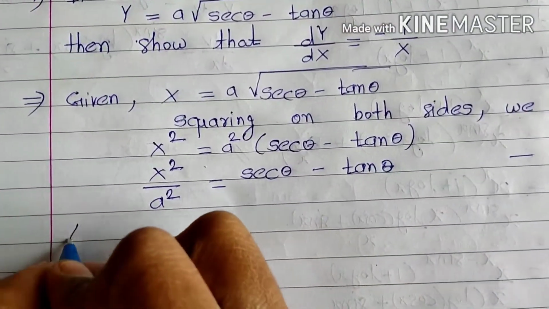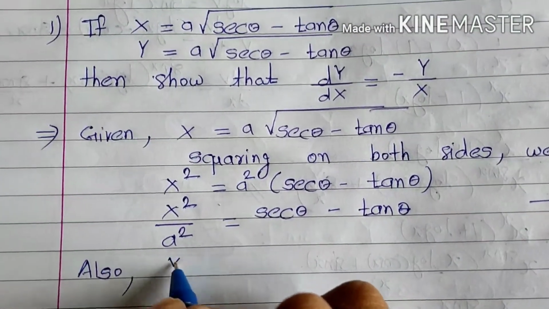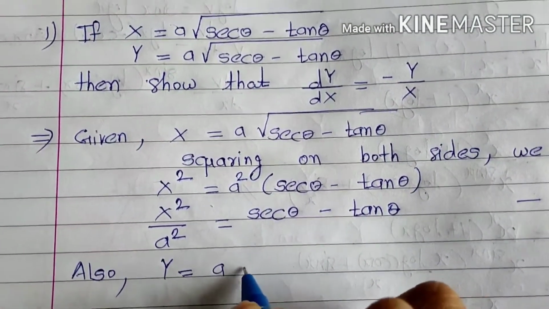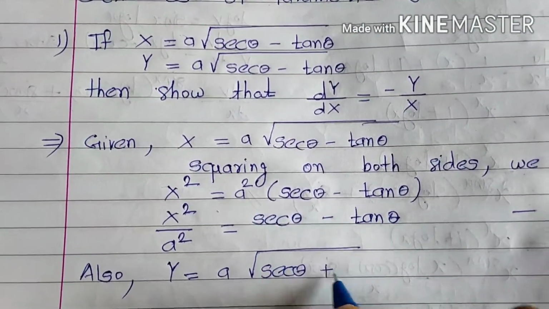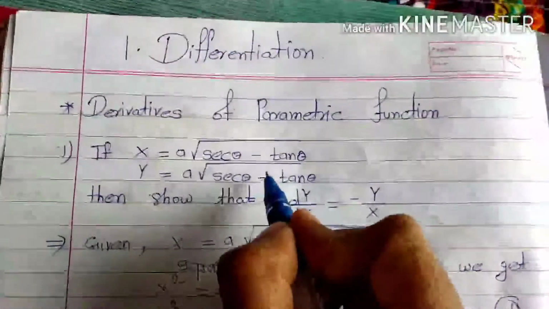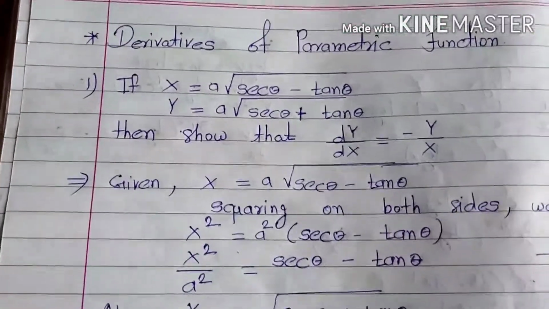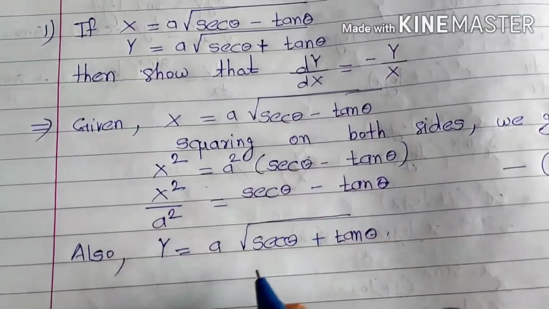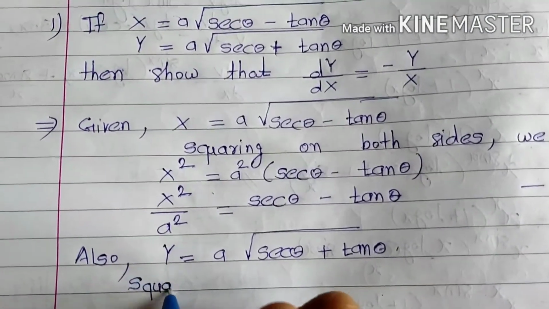Also y is equal to a under root of sec theta plus tan theta. Sorry, there is some mistake in the question: sec theta plus tan theta. Here also squaring on both sides.